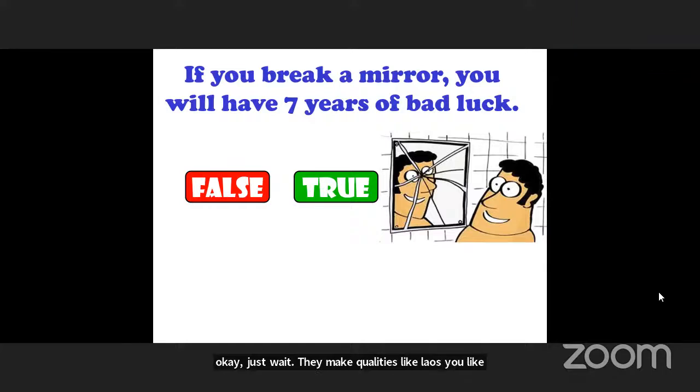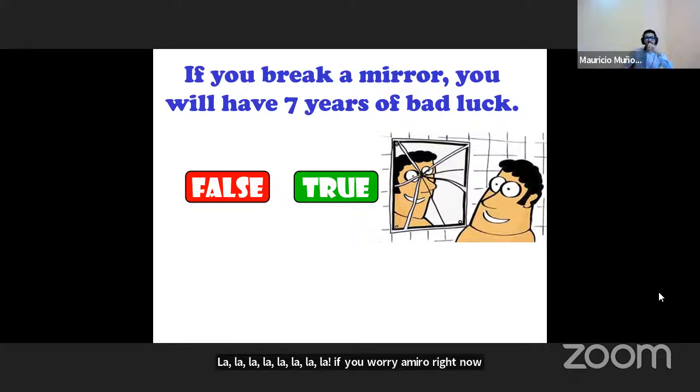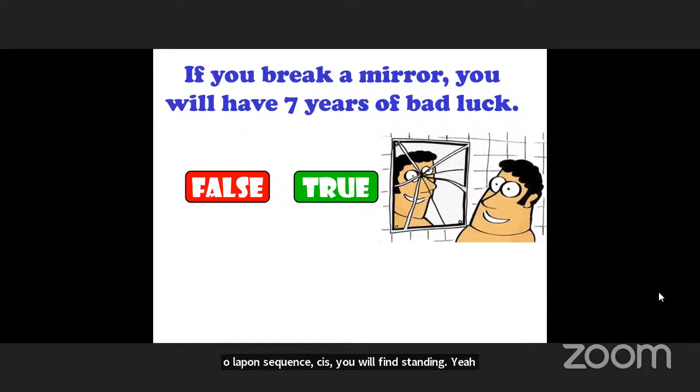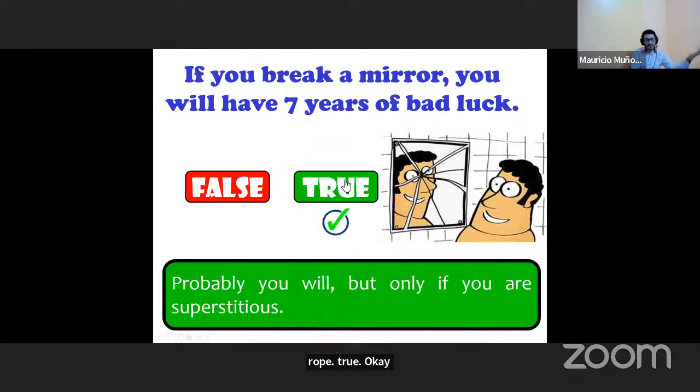If you break a mirror. Correcto. La consecuencia es... you will have 7 years of bad luck. Thank you. Very good. Okay. So, Josué, false or true? True. Okay. Yes, it's true. This is a superstition.